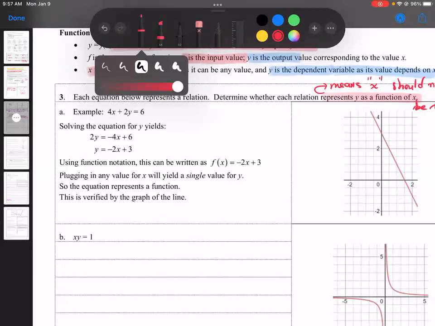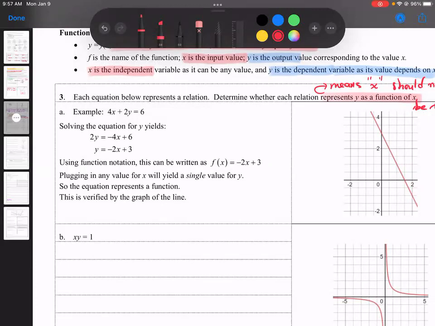I plug in another one, and there's only one y, right? When I plug in another one, I have another value for y. And besides, even if you don't solve for this, what kind of graph does this function have? Linear, right? Linear is just a line. So when you draw a vertical line test, you only cut the line once.